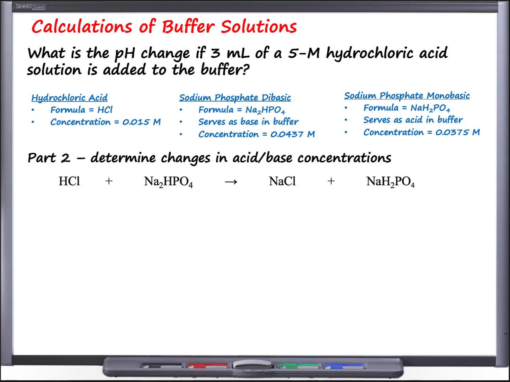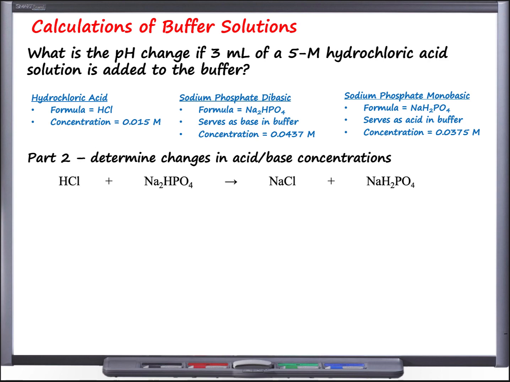On the other hand, the hydrogen that gets incorporated into the phosphate molecule changes the formula to NaH2PO4, with the additional hydrogen. NaH2PO4 is essentially monobasic sodium phosphate. So what you can see in this formula is that for every one hydrochloric acid molecule, we will decrease the base, dibasic sodium phosphate, by one molecule.